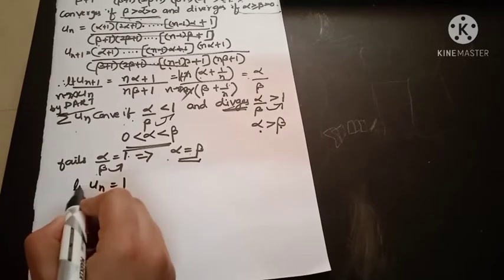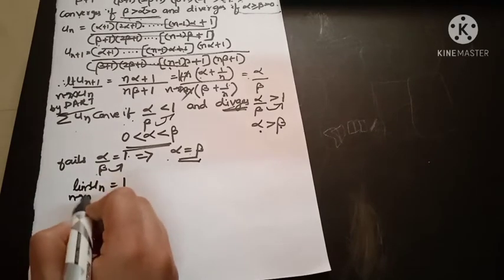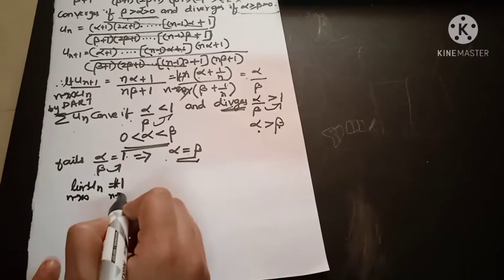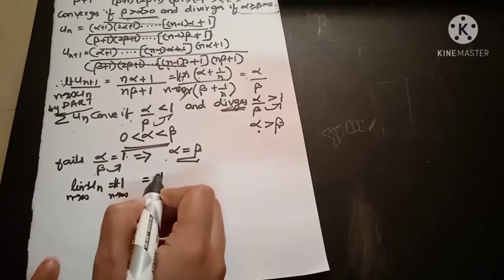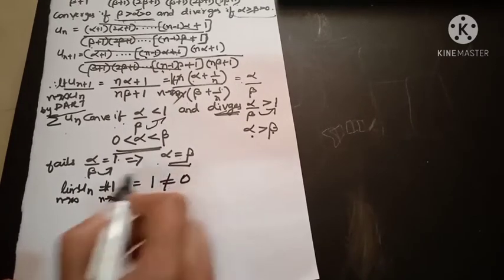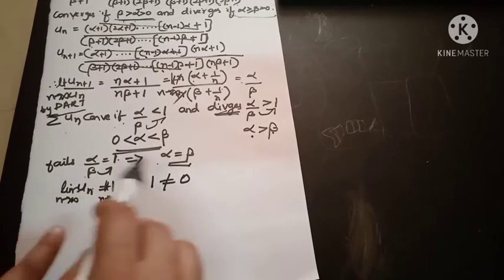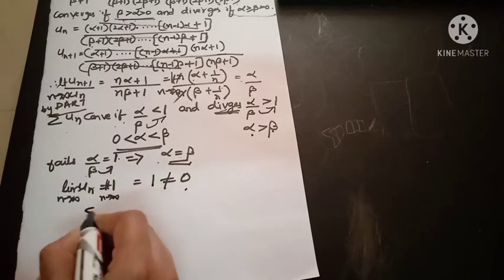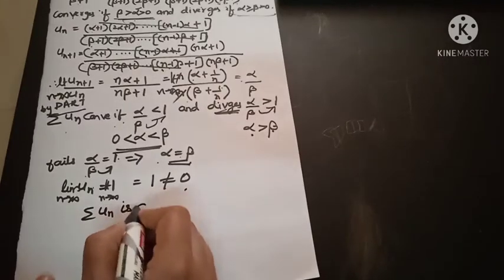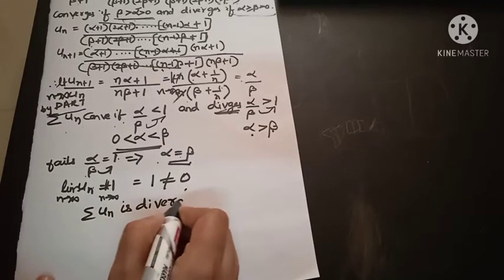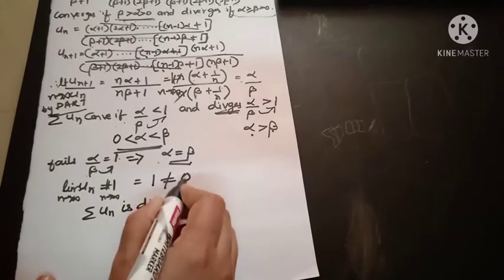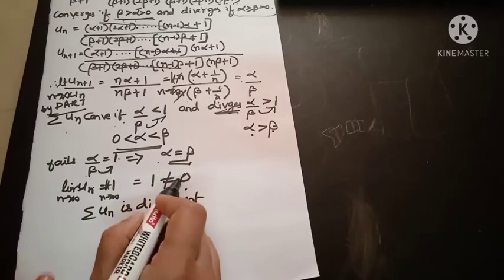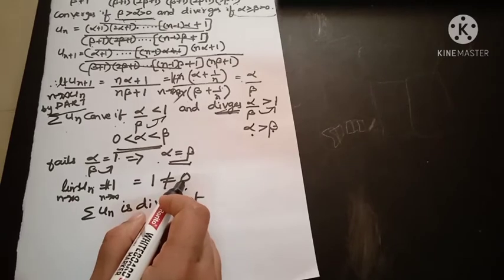So apply limit n tends to infinity of un. Limit n tends to infinity of 1 is nothing but 1, which is not equal to 0. If the limit value of un is a non-zero quantity, then the series is divergent by the property of infinite series.